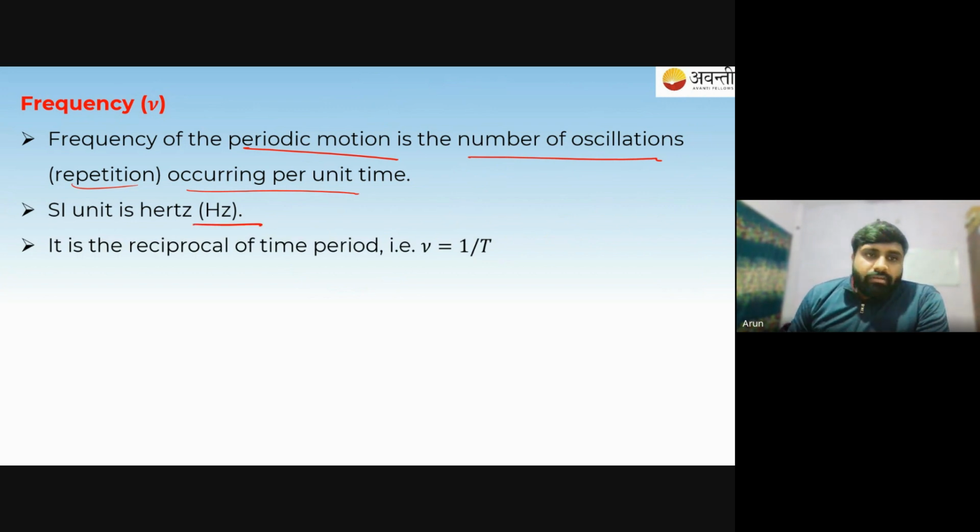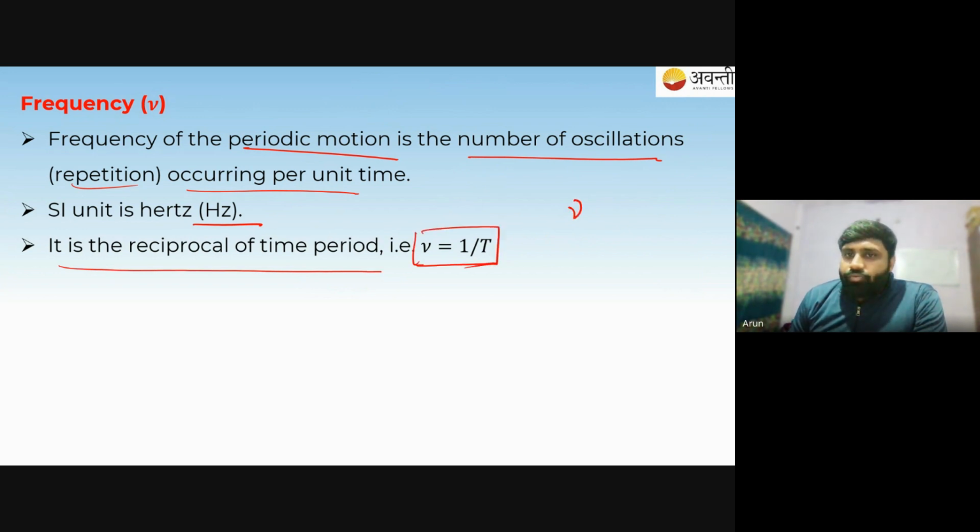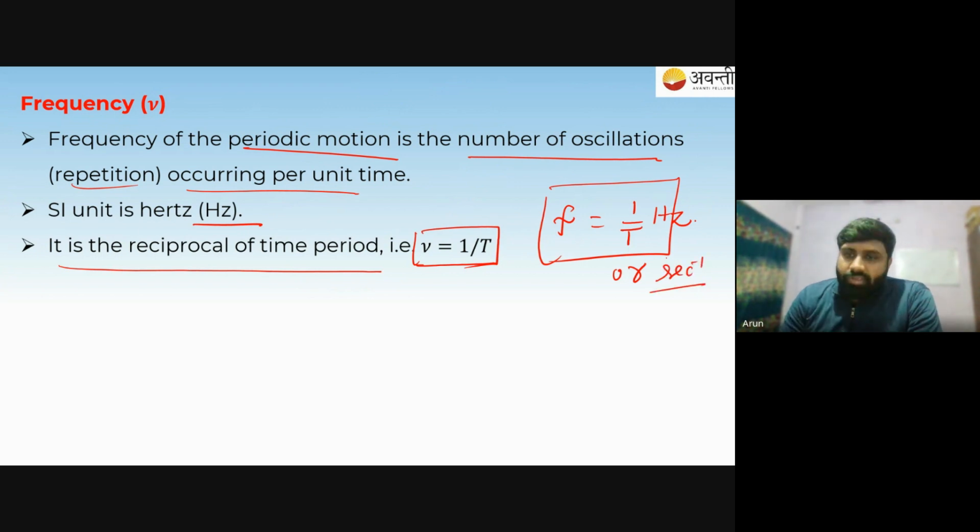And the reciprocal of the time period is given by this frequency. It is given by nu, pronounced as nu. And somewhere it is also written as F. So F is also 1 by T. The unit of it will be hertz or second inverse. Got it?